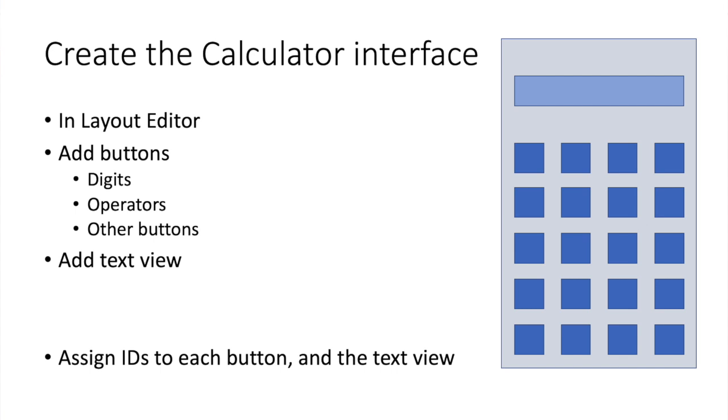Anything else you can think of? Text view. Text view to display all of that, right? Yeah, so the buttons and then a text view. So these are all the buttons. Any other buttons we are missing?